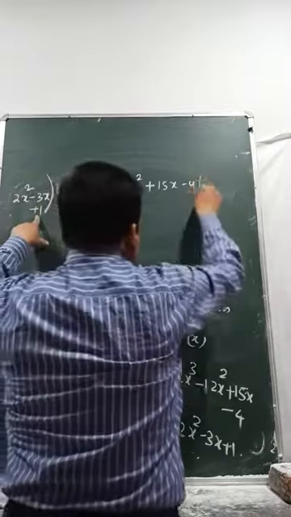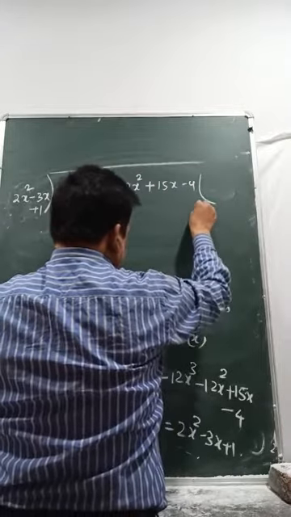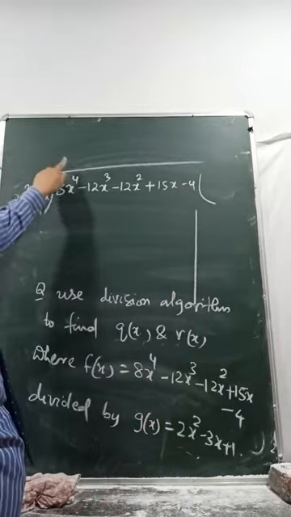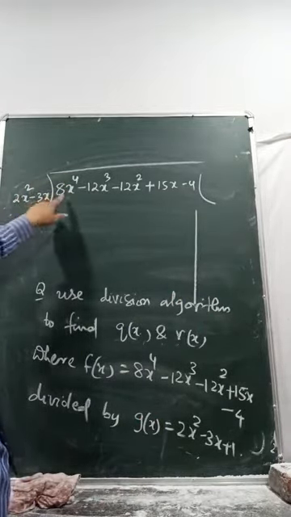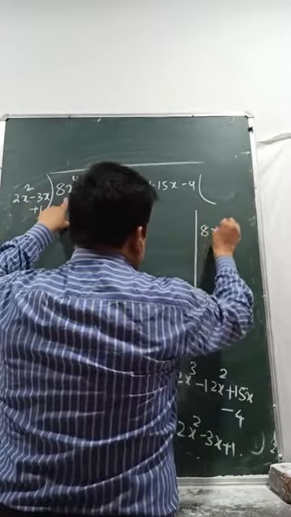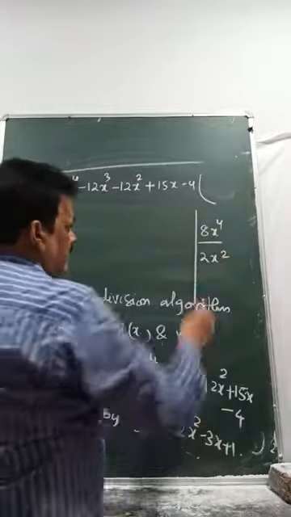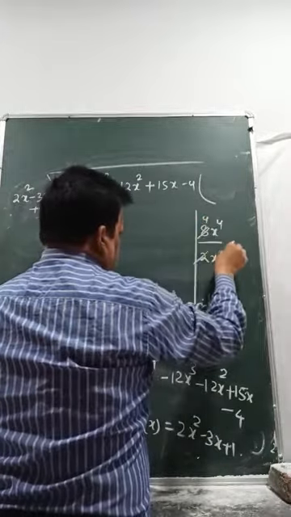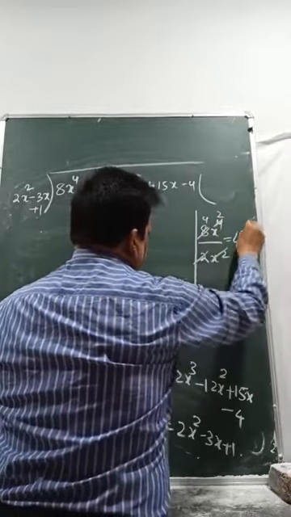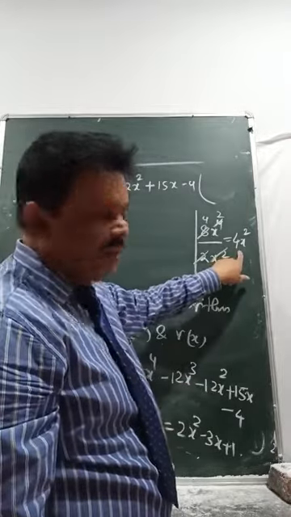Okay, let's divide. The technique you see here: to get the first term, divide the first term by the first term. So 8x fourth divided by 2x square is 4x square.